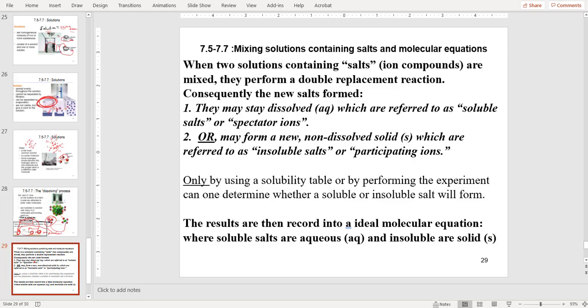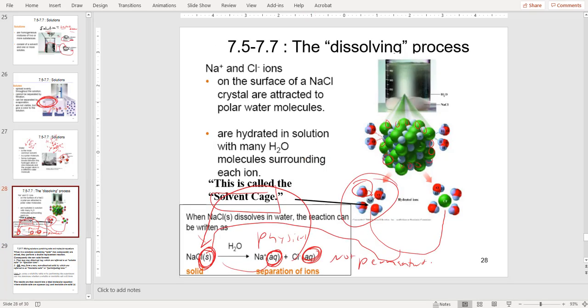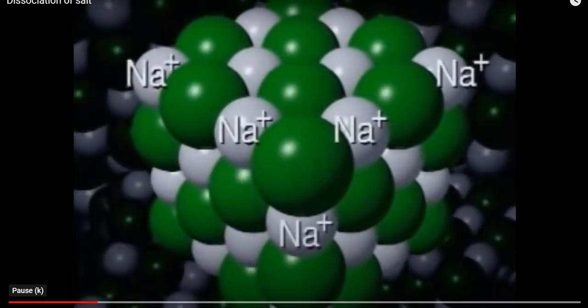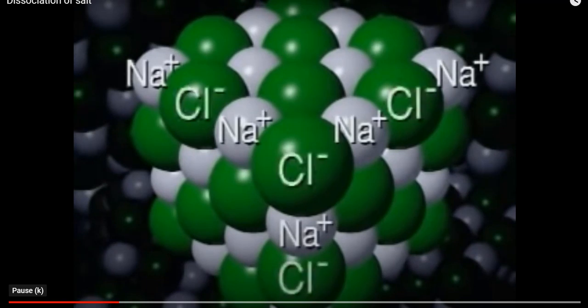So now we're going to go ahead and show you a quick video. In this video, we have some salt and water, and the salt's going to be put into water. There's the salt made up of sodium and chlorides.